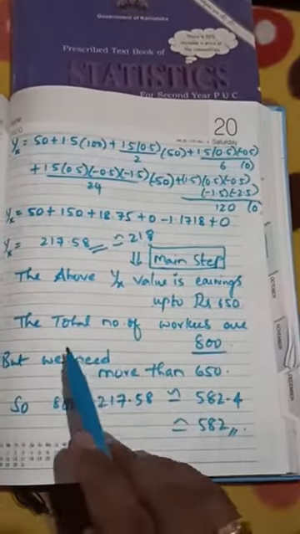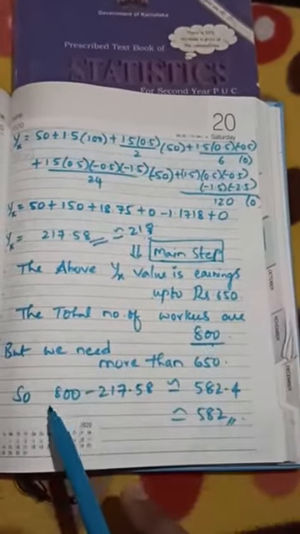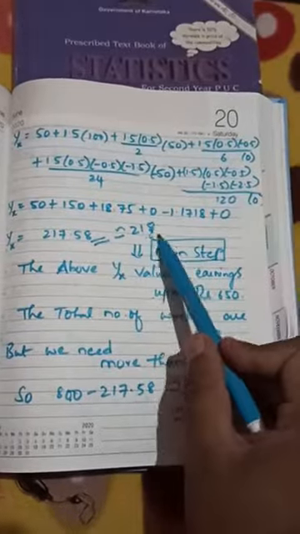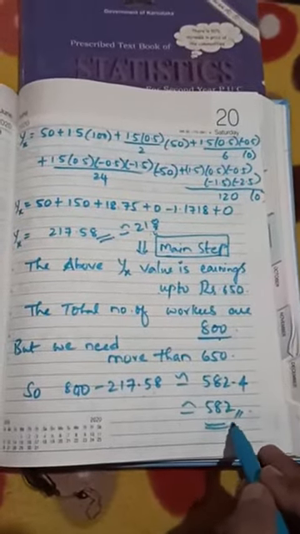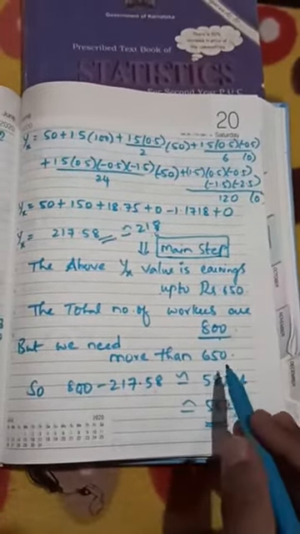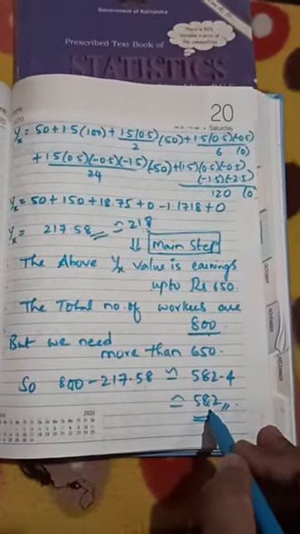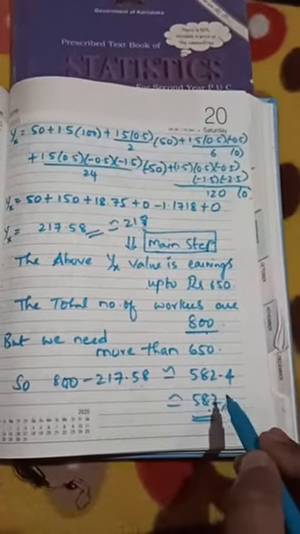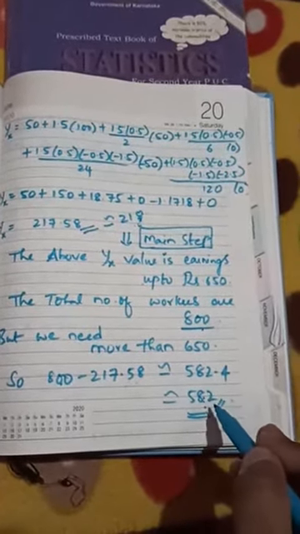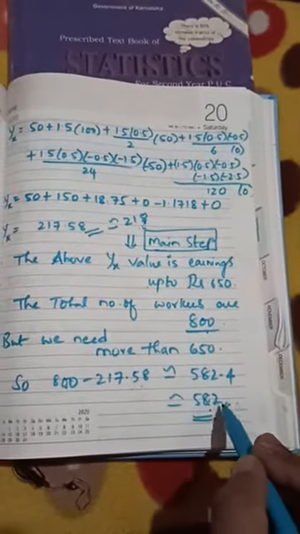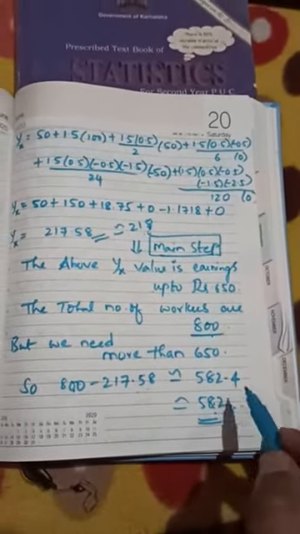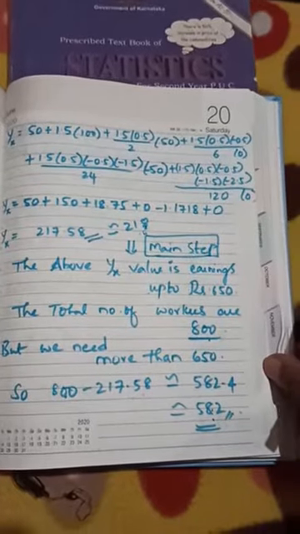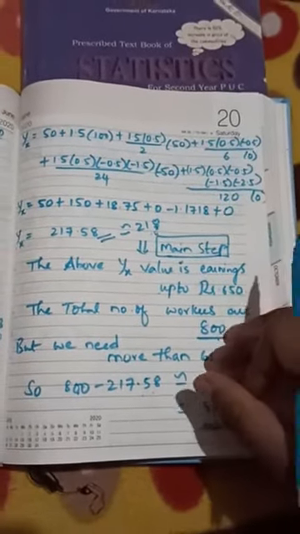So obviously the total number of workers is 800. From the 800 remove those 218, you will be getting 582. So from 800, the number of persons who are getting wages more than rupees 650 per week are 582 persons. So this is a different kind of model.